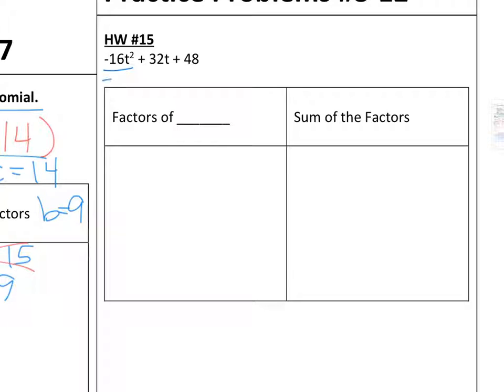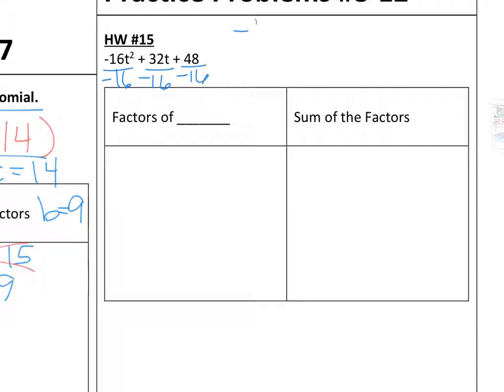So in this case, we're going to divide everything by negative 16. Get that factored out of there, because 16 does go into all of those. Now we're going to learn in tomorrow's lesson that sometimes you won't be able to divide, and I'll show you what to do. But today everything should divide and give you a nice problem to work with.